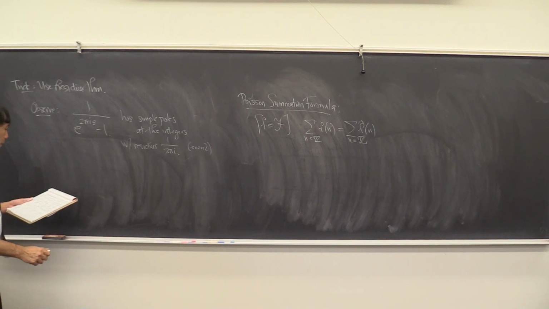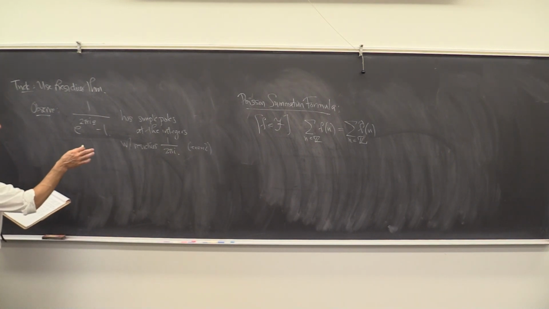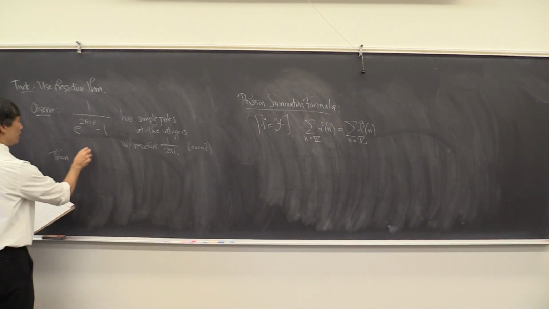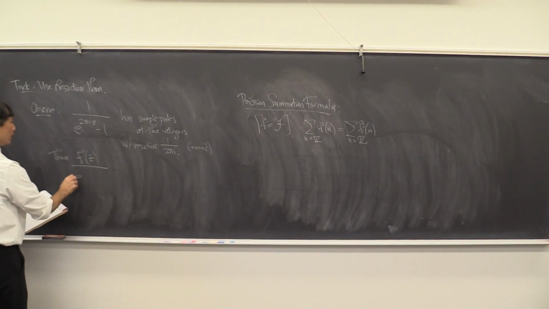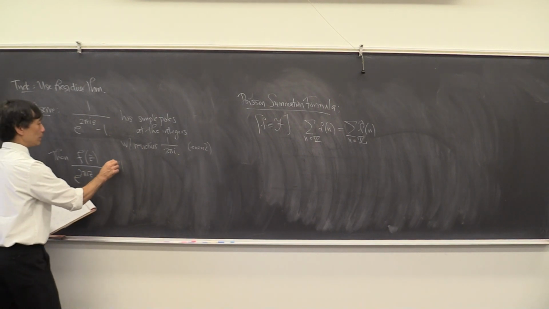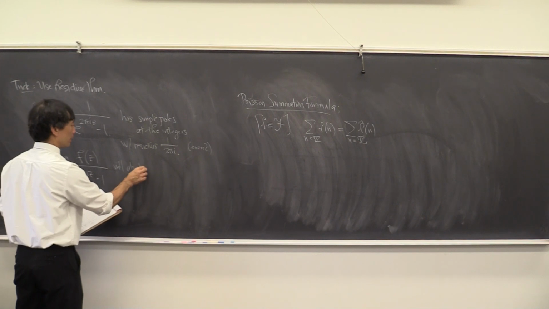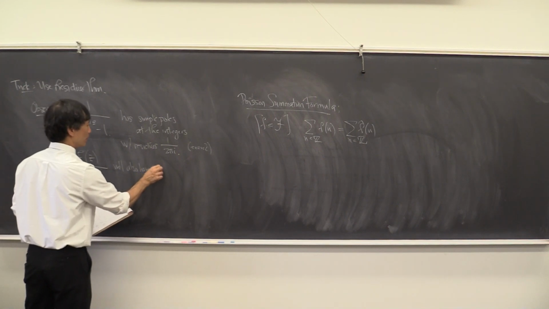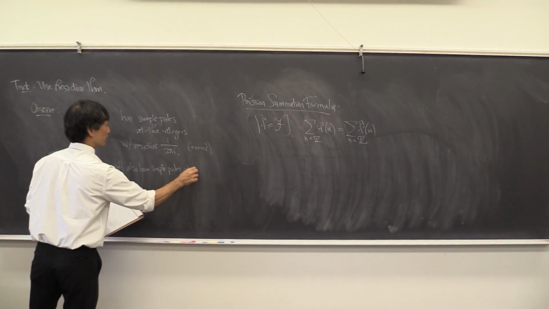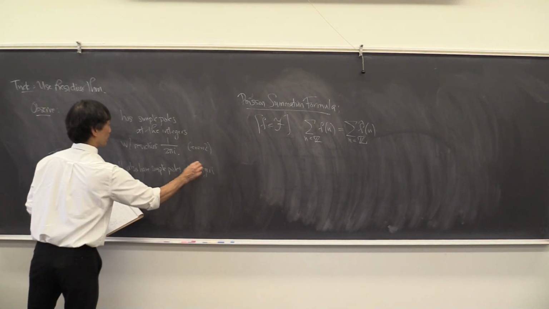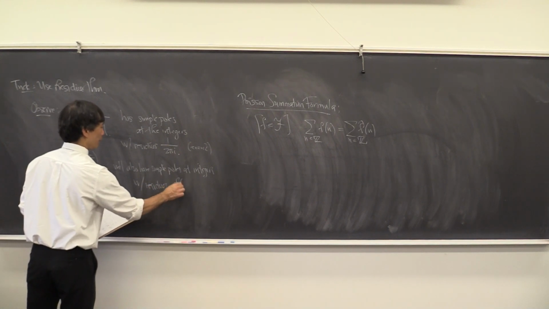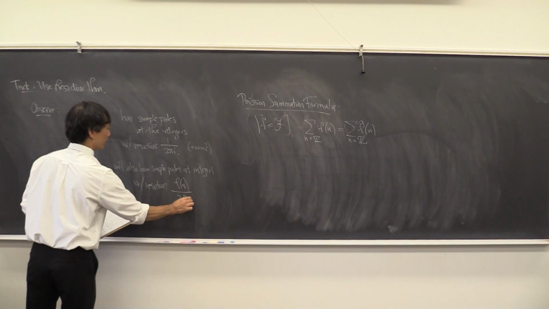Okay, so then if you take our function, f of z over e to the 2 pi i z minus 1 will also have simple poles at the integers, with residues f of n over 2 pi i.